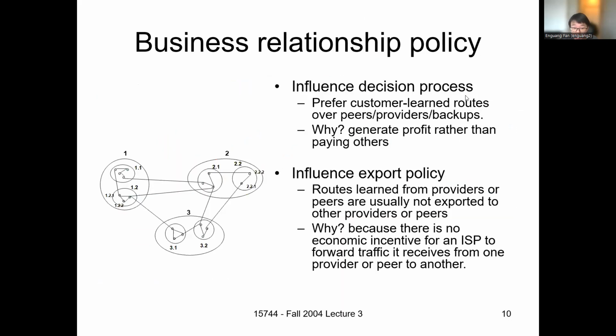So how can this business relationship come into play? Two possible influences. It can firstly influence the decision process. Why? An autonomous system would prefer customer-learned routes over peers, providers, and backups.